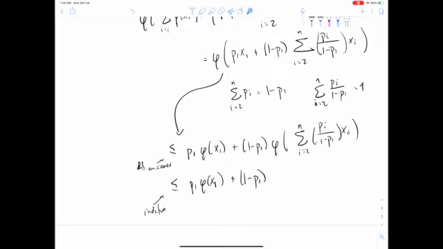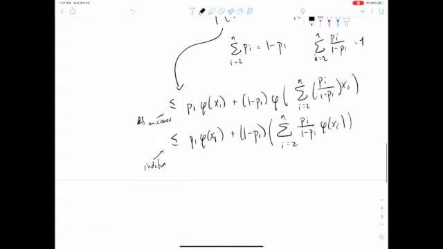So this phi of that sum, these are a bunch of coefficients that add up to 1, but there's n minus 1 of them instead of n of them. So this is less than or equal to taking the weighted sum, i equals 2 to n, pi over 1 minus p1 of the phi of the xi's.